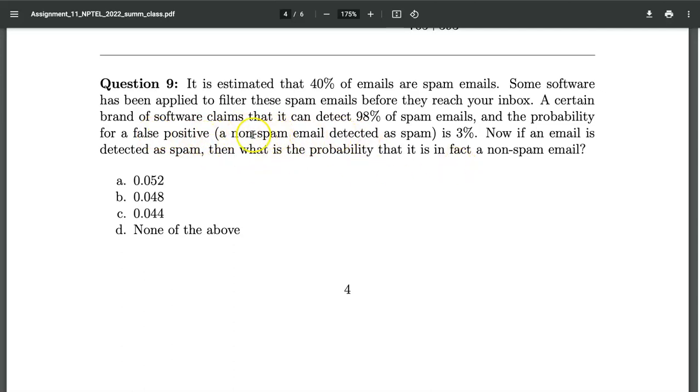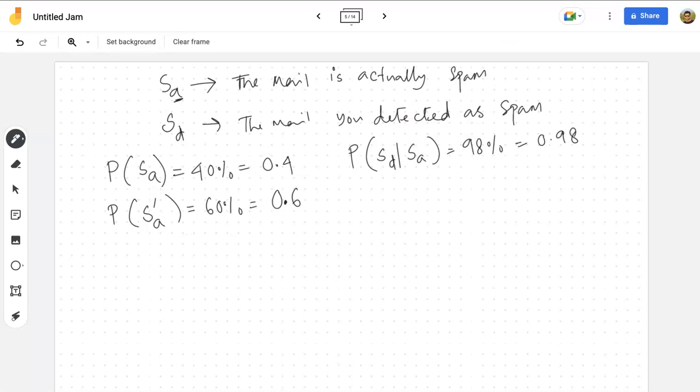Actually the mail is not spam, but you are detecting it as spam.